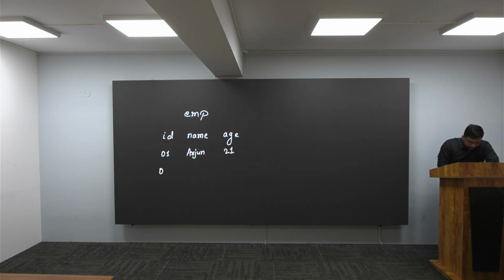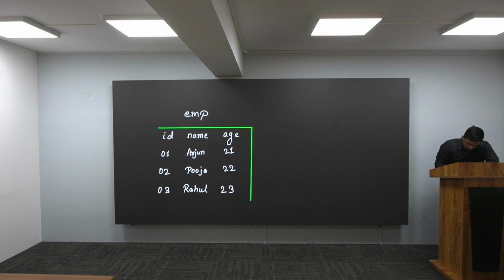Again one more ID I will store 2. How many rows do we have over here?